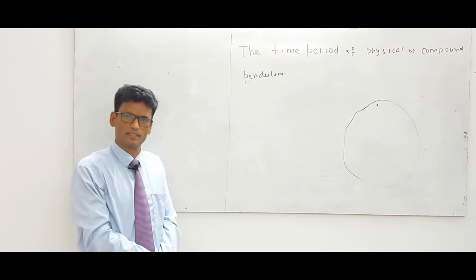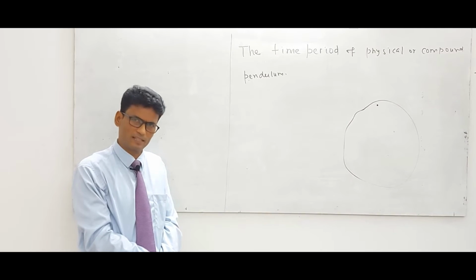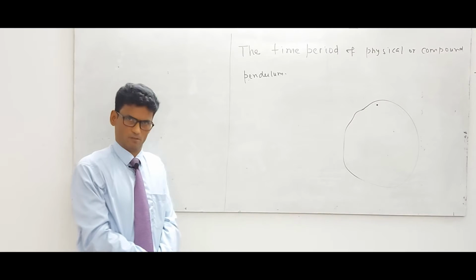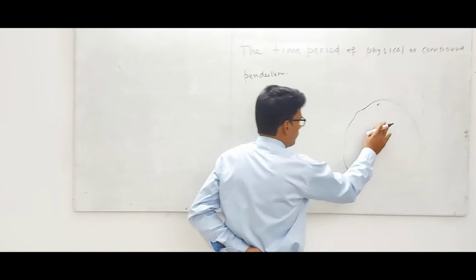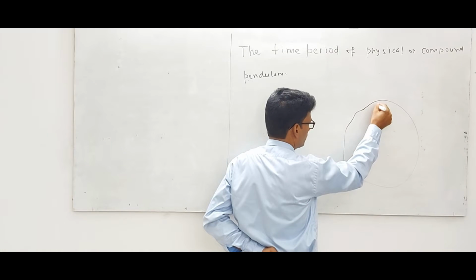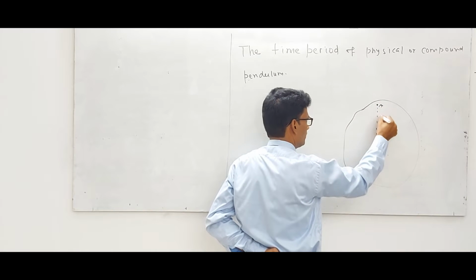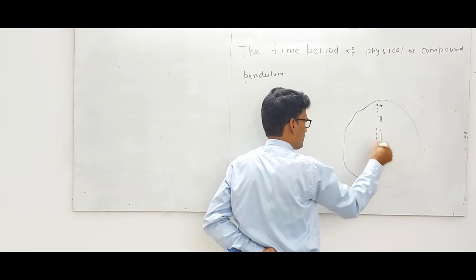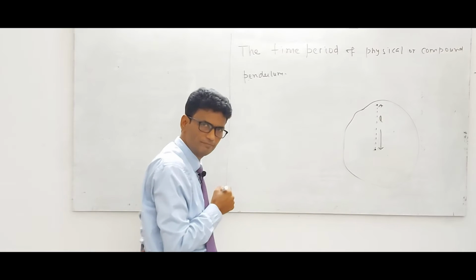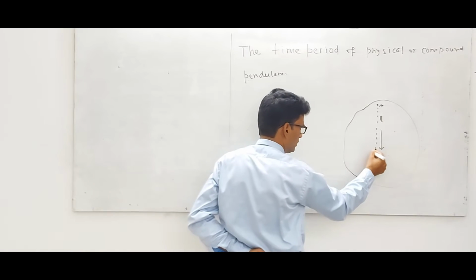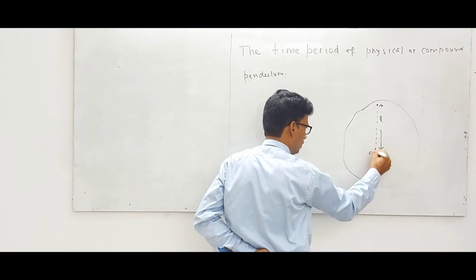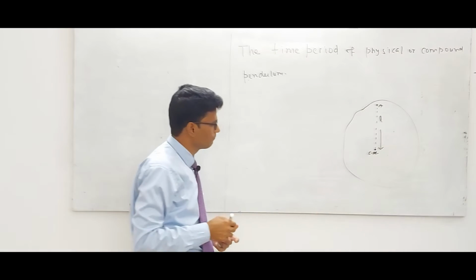However, oscillation is very, very small, that is, angular amplitude is very, very small. So here's the body, say here just below it, at a distance of L from the point of suspension, the center of mass of the body or center of gravity exists.